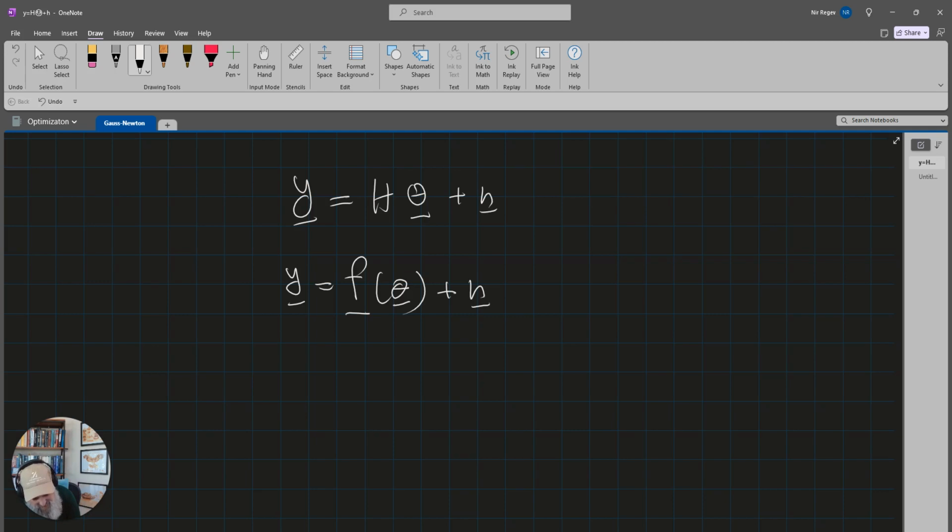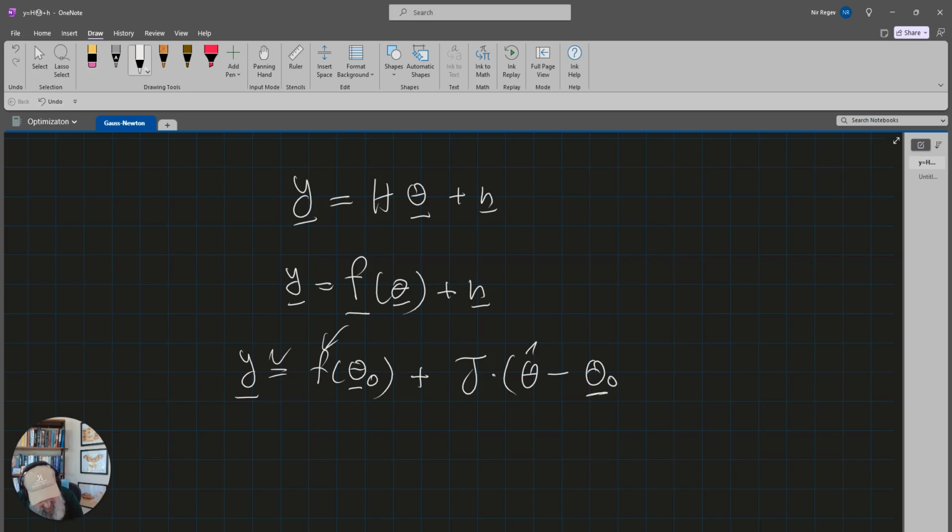So we can approximate y equals, and instead of f of theta, I will put the Taylor series expanded about the initial point theta naught, plus the Jacobian matrix times a vector of theta hat minus theta naught.